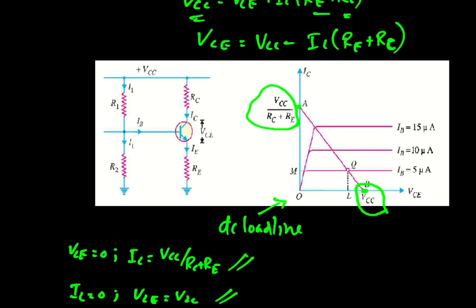The two endpoints of this straight line can be determined according to this equation, so that we can draw the DC load line. The DC load line gives the different values of the zero signal collector current corresponding to the different DC collector emitter voltages. These are the conditions of the circuit in the DC condition.